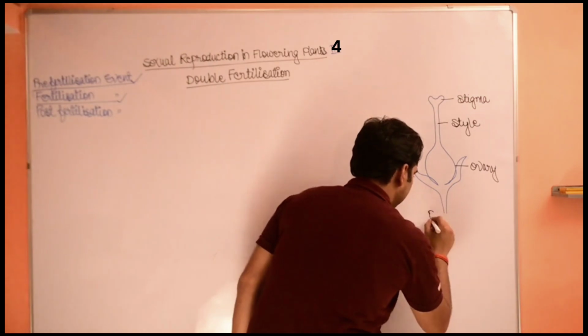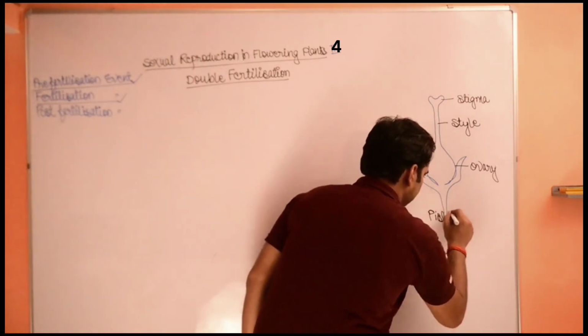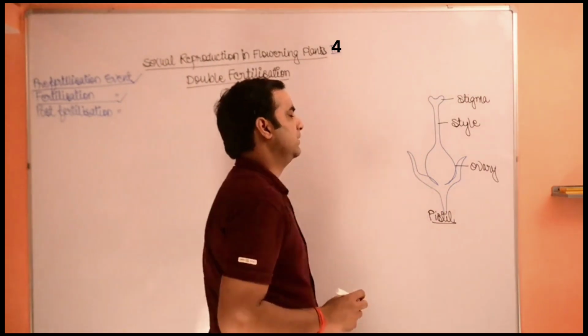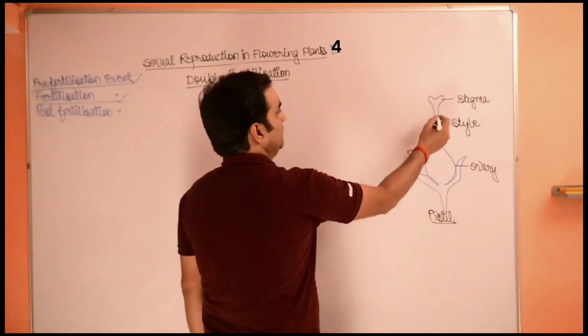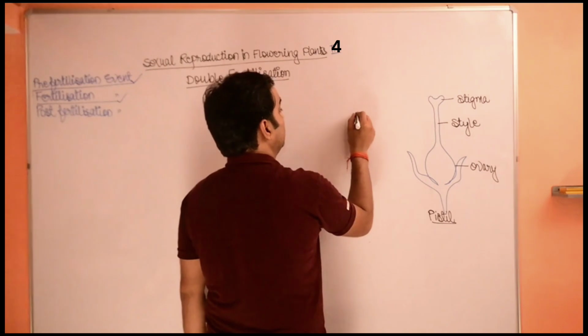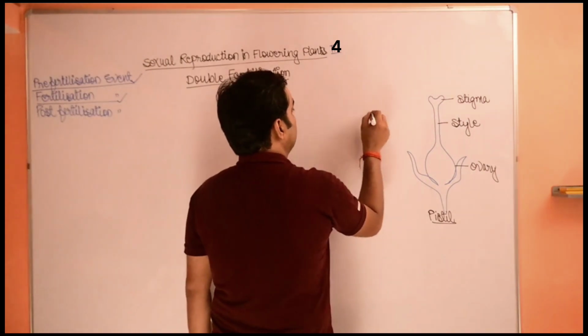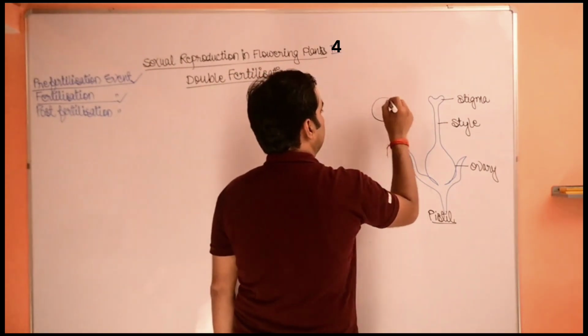This is called pistil. This is also known as carpel. This is the structure of the female reproductive system.